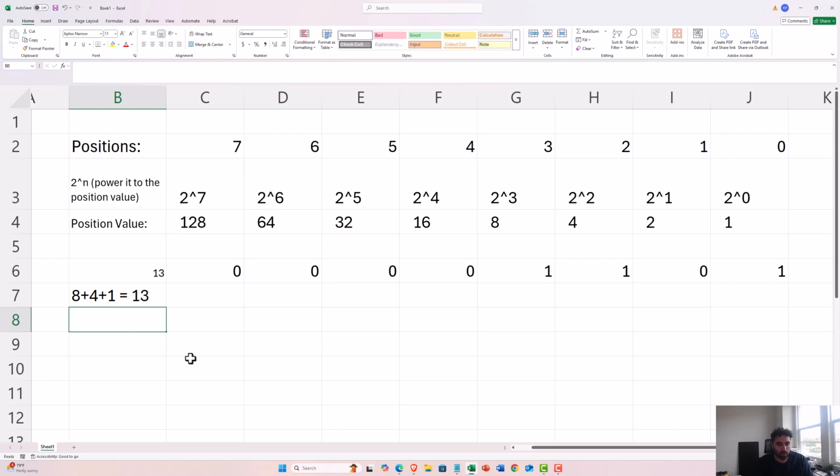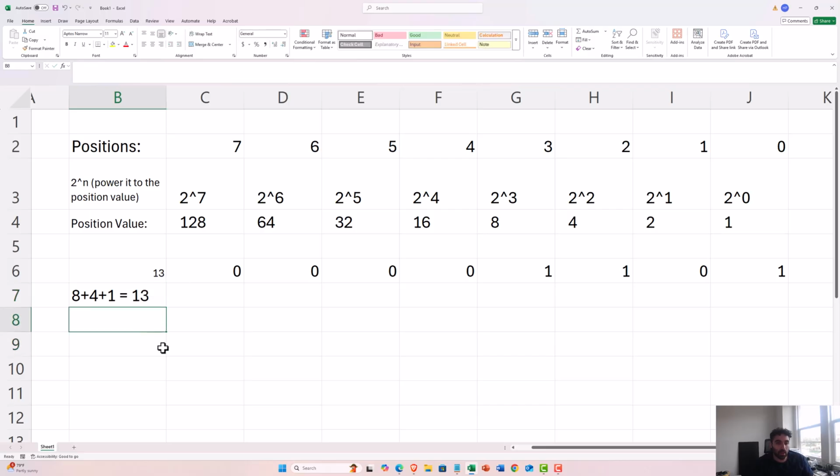Right? We are converting that decimal number into binary. And to represent this 8 plus 4 plus 1, we have to switch the bit from a 0 to a 1. That means we're turning on position 3, position 2, and position 0, that means we're adding 8 plus 4 plus 1 to get 13. Okay?